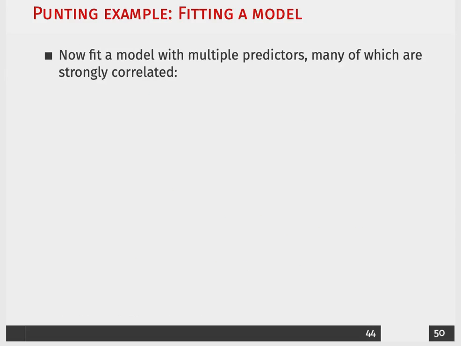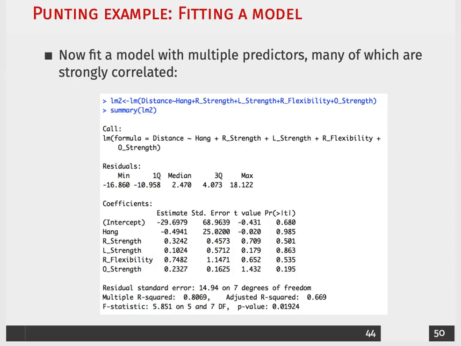Now we're going to go ahead and include more predictors, many of which we know are strongly correlated with each other. So this time we're going to include hang time, left leg strength, right leg flexibility in addition to what we already had for right leg strength and overall strength. Now what we can see is that none of these predictors are differentiable from zero, which we know is not the case.